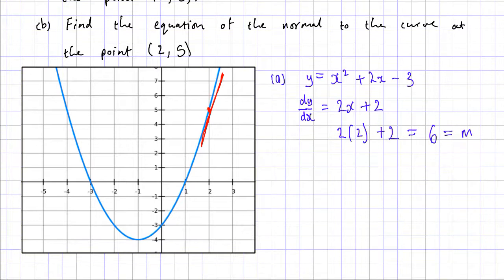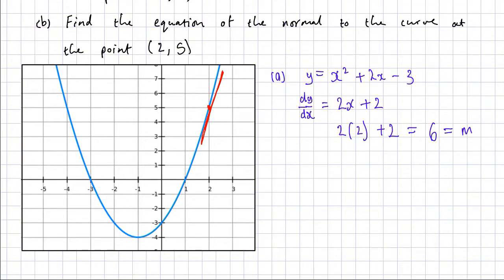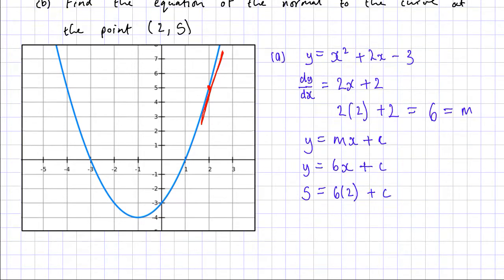Now I can start writing y equals mx plus c. I know m is 6, so y equals 6x plus c. Now I actually know an x value and a y value for my tangent, and that's (2, 5) because this hits that point. So I can say 5 is equal to 6 times 2 plus c, and 6 times 2 is 12.